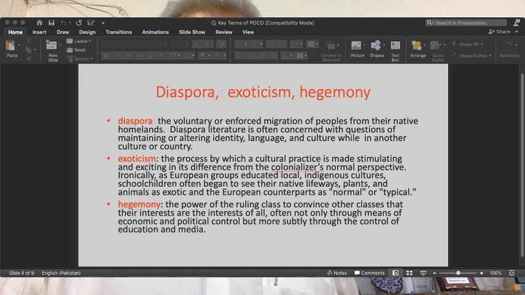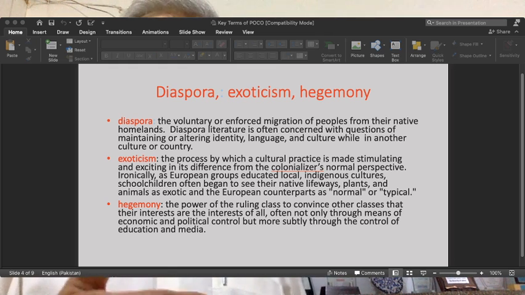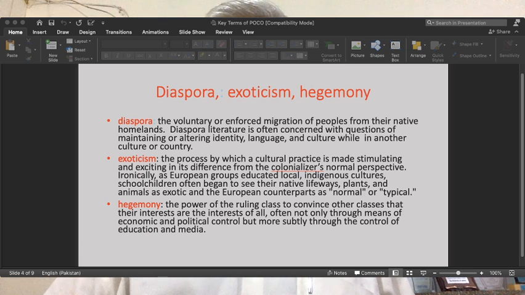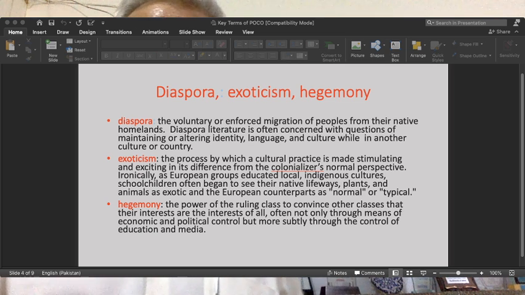Then comes hegemony, the power of the ruling class to convince. The word convince should be in the minds of the students, because this is the very word that convinces the colonized person that his own culture, his own land, his own being, his identity is not good.